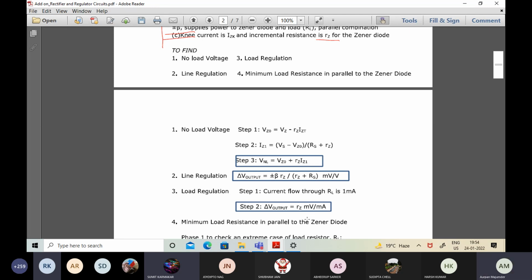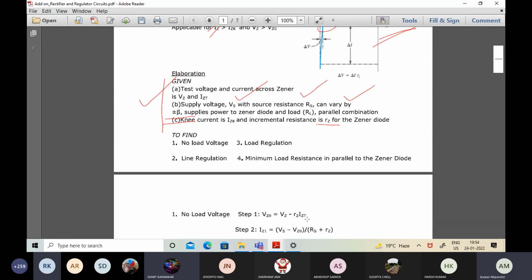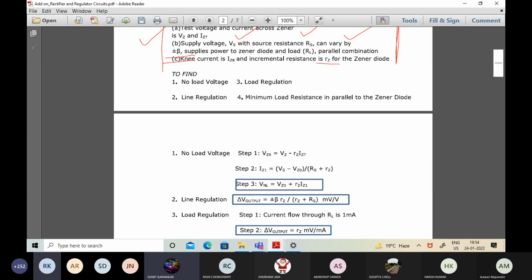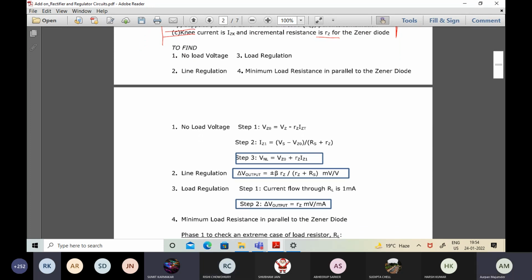We know from the specification sheet of this particular Zener diode, the values are also given over here. Sir, why do we have to find the no load voltage? I will tell you. That will come under point number 2 actually. Let's continue. That answer will automatically come up.